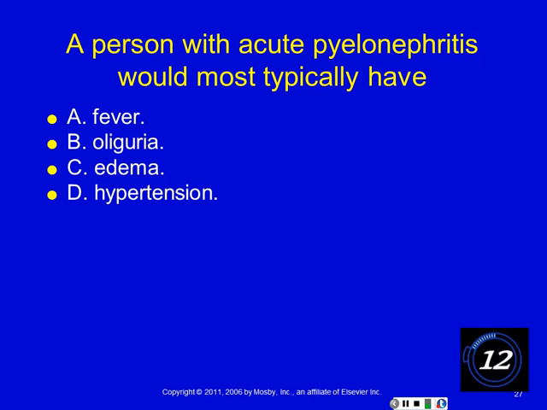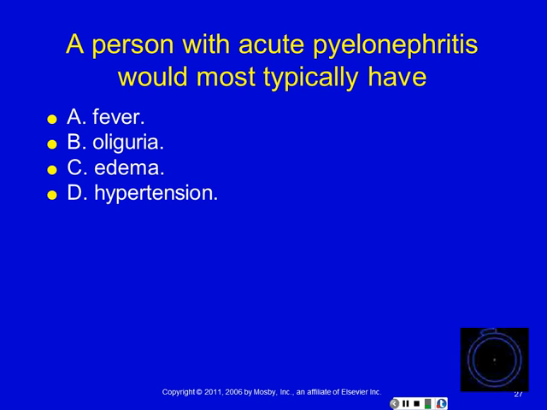Okay, so a person with acute pyelonephritis would most typically have which of those things? While we're waiting for this, could you have pain in the appendix area, or would you have it in the back as well if it were the kidney?